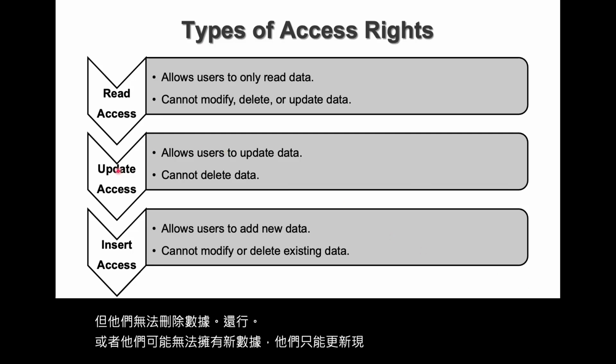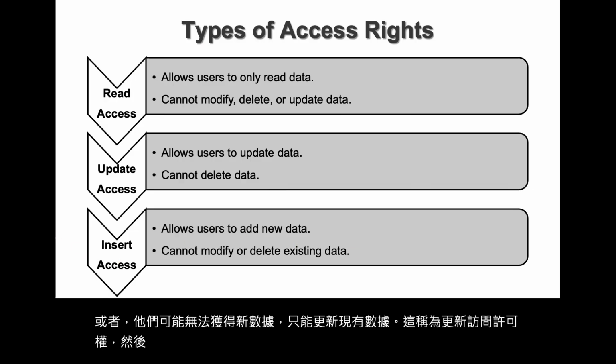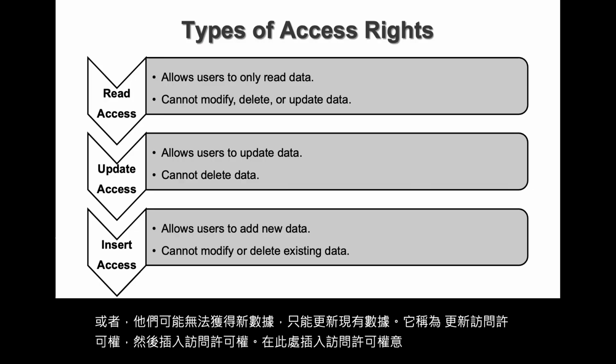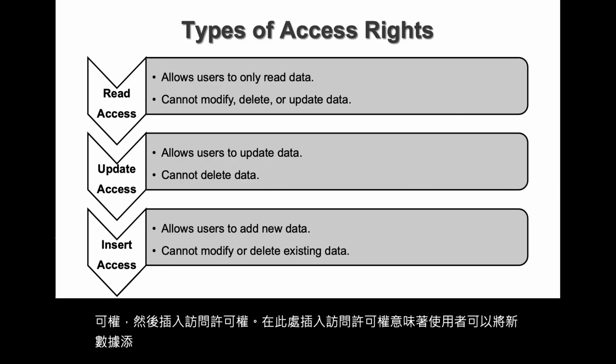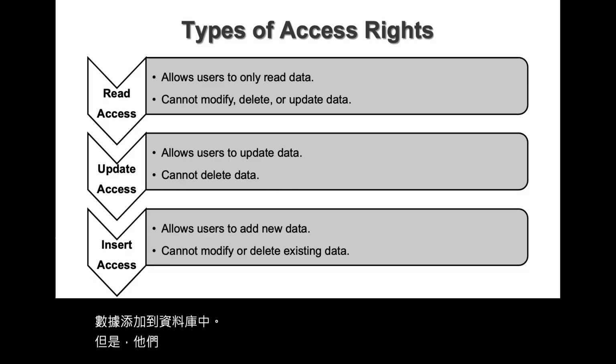It's called update access. And then insert access. Insert access here means that users can add new data to the database. However, they cannot modify or delete the existing data. So it's called insert access.